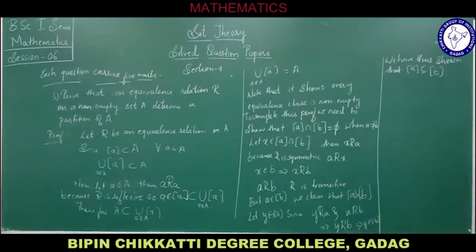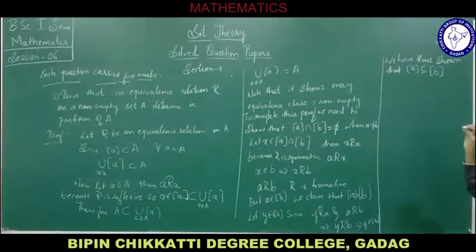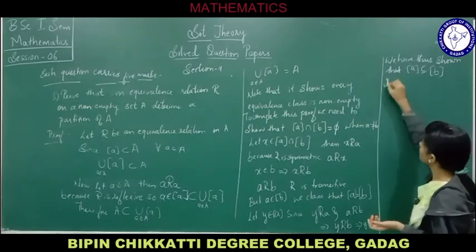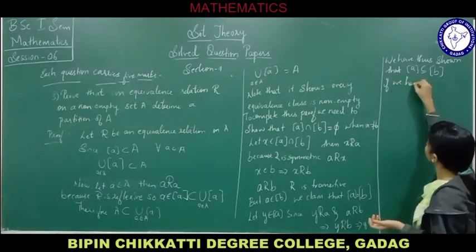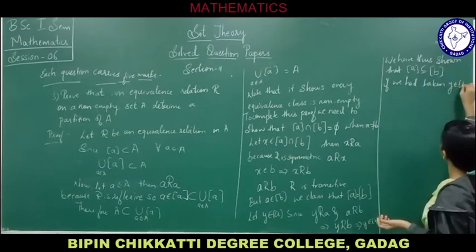Now we have taken here Y belongs to A. If we had taken Y belongs to B, what would we get?